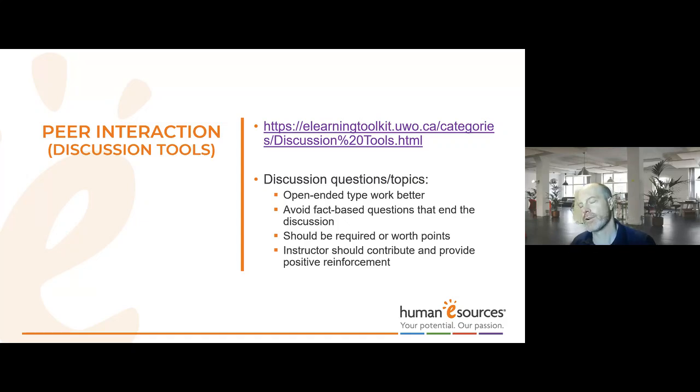If that is worth a grade, obviously students are going to be much more motivated to take part in a discussion. With completely optional ones, you probably notice most students will just not take part. So making it worth points to the final grade is going to make people actually take part in it and contribute. Don't just let it run all on its own. Throw something in there once in a while to let the students know that you are involved in it. Your engagement increases their engagement, in other words.